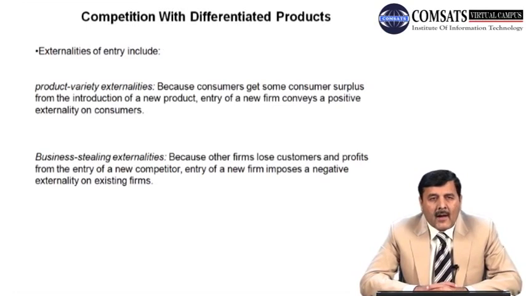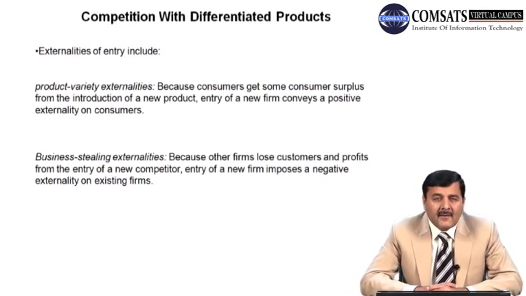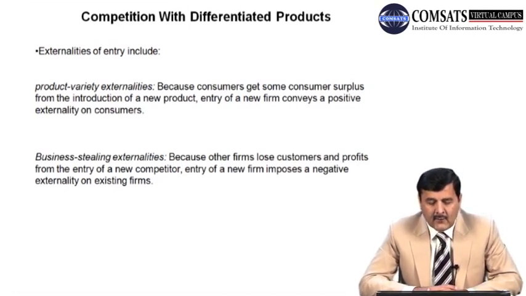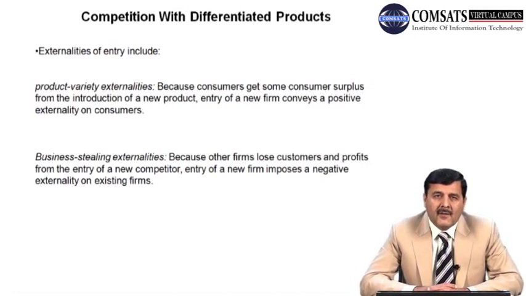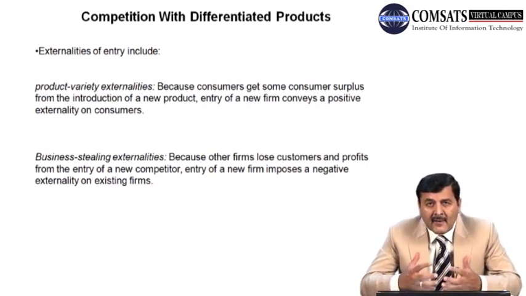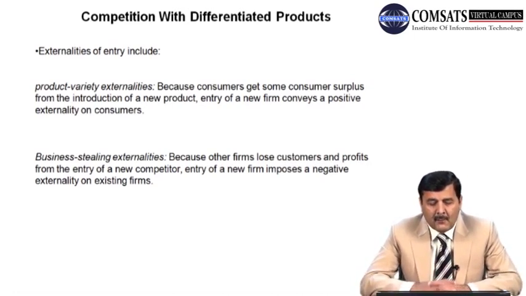Now, what are the externalities that can exist in case of monopolistic competition? There are two externalities that can affect the consumers and producers. One is the product variety externality. Consumers benefit in case of monopolistic competition because there is a lot of variety of the products available to them, बहुत सारी चीज़ें अवेलेबल होती हैं.